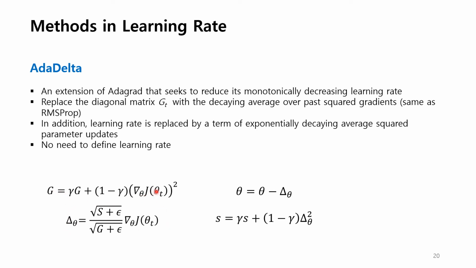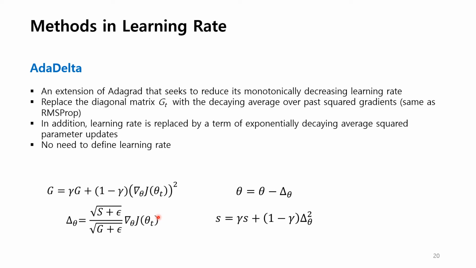So this part is the same as RMSProp. Instead of the constant learning rate eta, we use this one. This one is basically a moving average between the previous S and the square of this one. So that's the only difference.